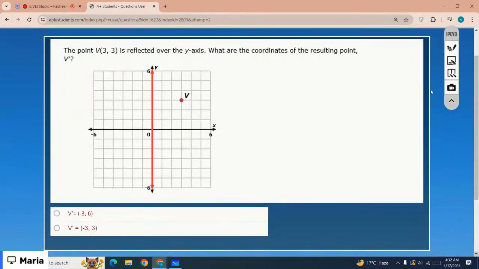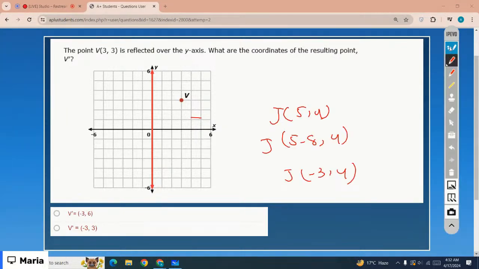The point 3, 3 is reflected over the y-axis. Now you have to see the reflection over the y-axis. You can see the y-axis is already highlighted, right? You have to reflect on this side. So you have to move the same distance on the x-axis, 1, 2, 3, and the same from the y-axis, like 3 from here and 3 from here.